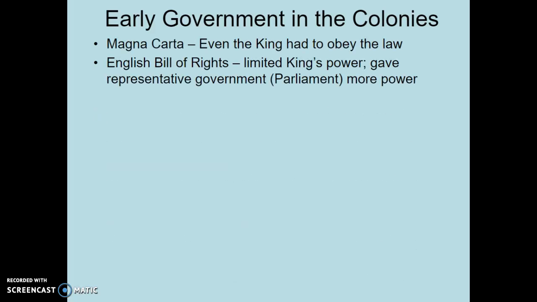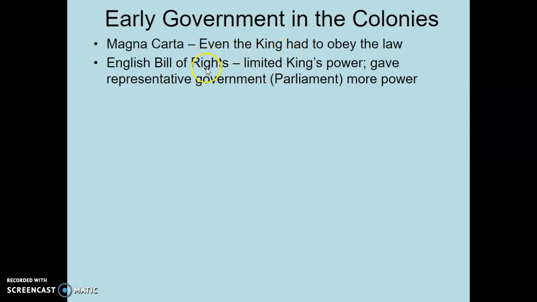The first two documents here, the Magna Carta and the English Bill of Rights, what they share in common was that they limited the monarchy's power, so the king or the queen's power, and gave more power to the people. Now, again, this is still a monarchy during this time. I mean, this is the 1200s and the 1600s, so it's still a really strong monarchy, but it does at least give some power to the people in that they get to vote on parliament, so they have representative government.